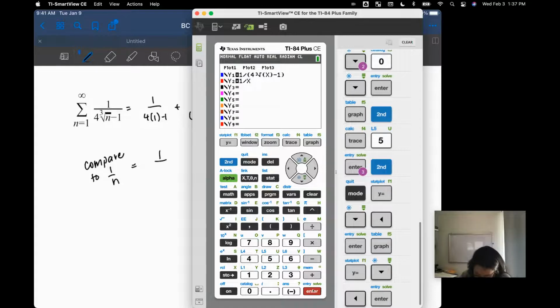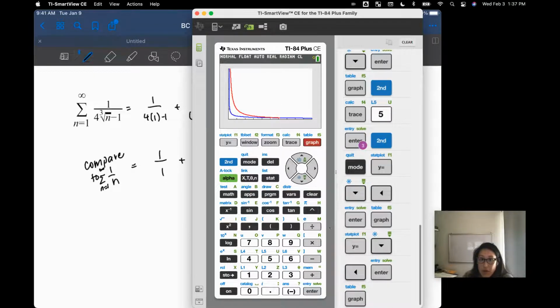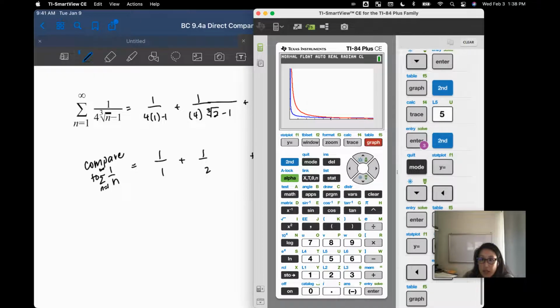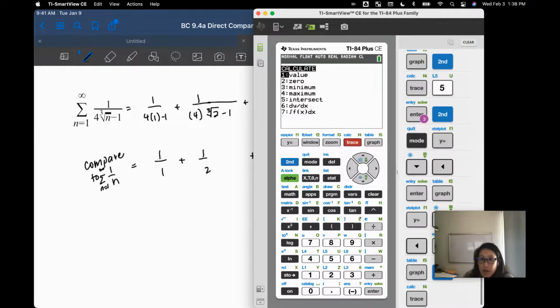I'm going to plug in 1 over 1, and expand 1 over 2 plus 1 over 3 plus 1 over 4 plus dot, dot, dot. And what I'm noticing when I graph this is that the second function, 1 over n, is larger until a certain point where they cross. So let's go ahead and figure out their intersection.